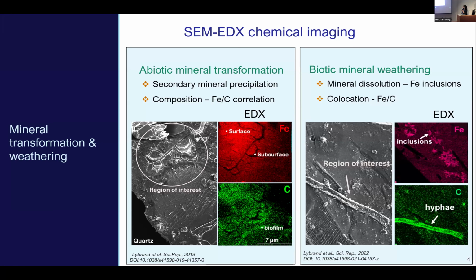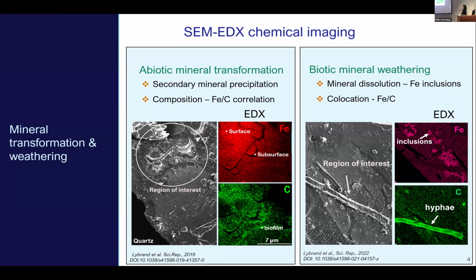And for the example that I showed before, when we add the chemical imaging, now we can tell more about what is happening around this fungus. We see these iron inclusions appearing on the surface of the mineral, and that gives us some clue about why this fungal hyphae might be located in that region.